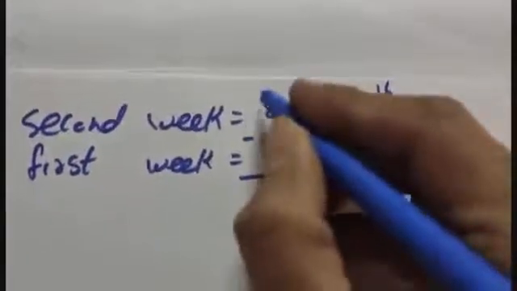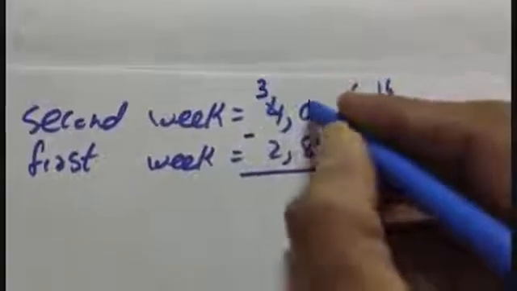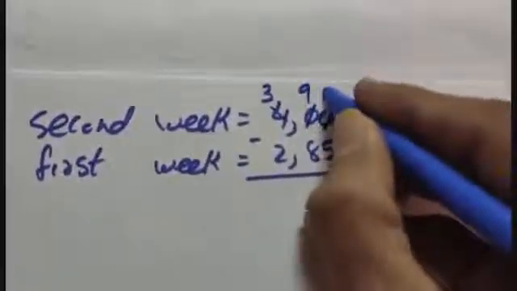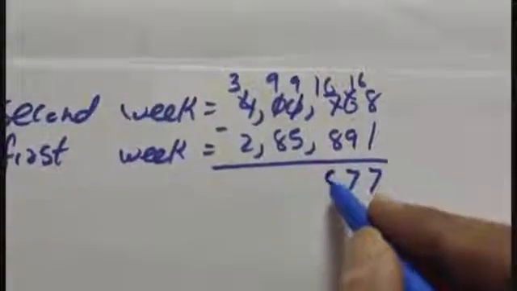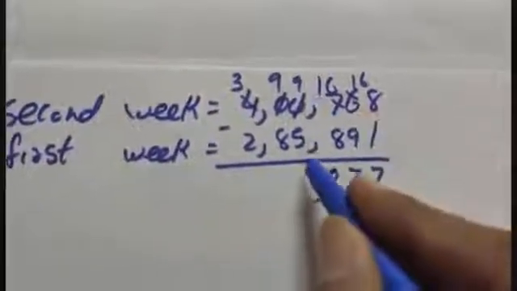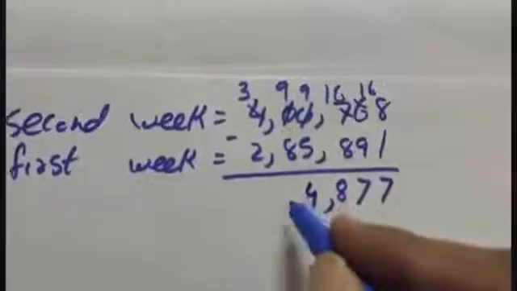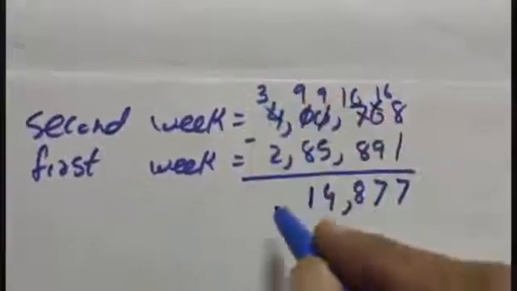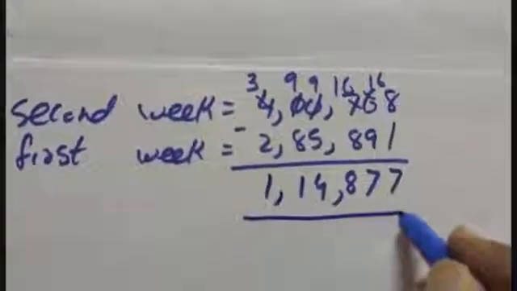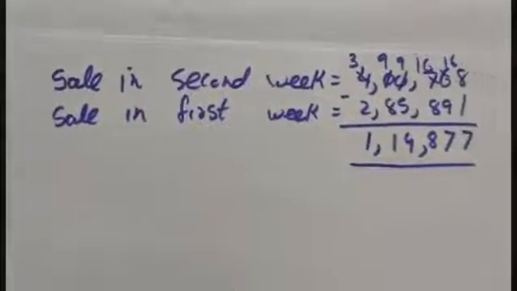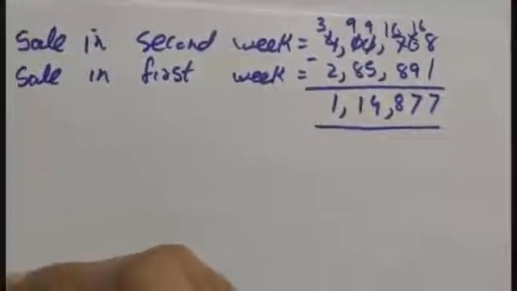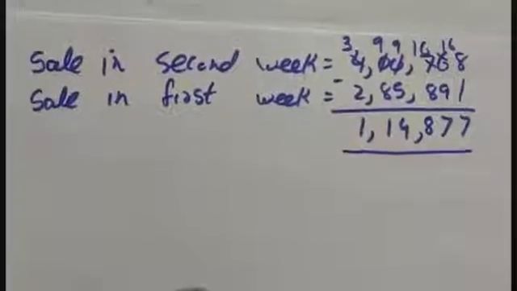So we'll borrow from here. This will be 3. This will be 9. This will be 9. This will be 16. 16 minus 8 will be 8. 9 minus 5 it will be 4. 9 minus 8 it will be 1. 3 minus 2 it will be 1. The answer is 1,14,877. So this is how the sum is ended.